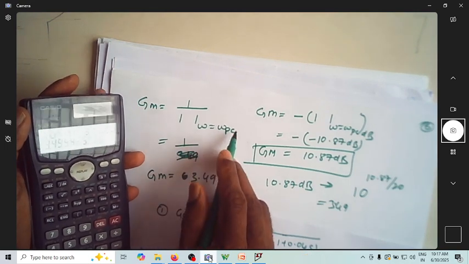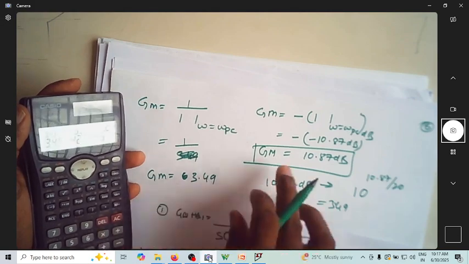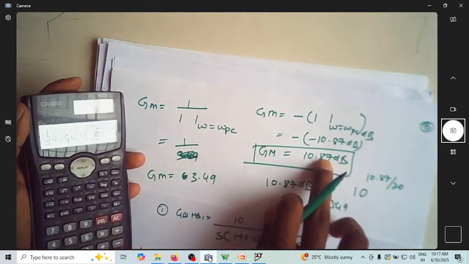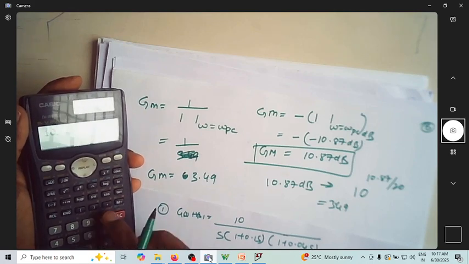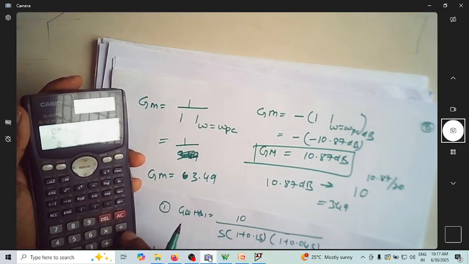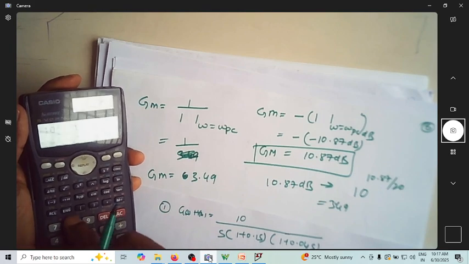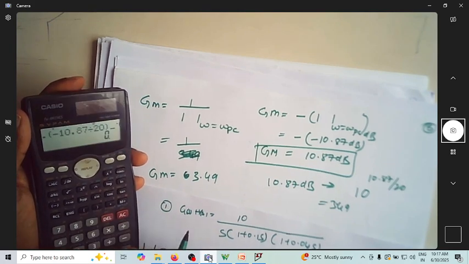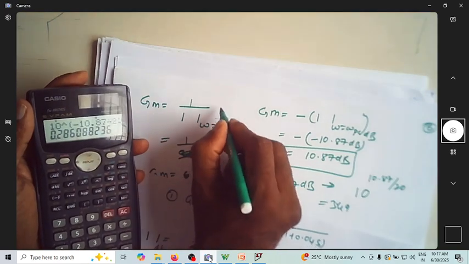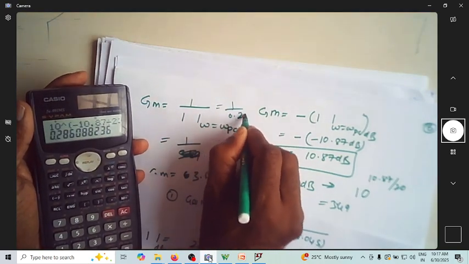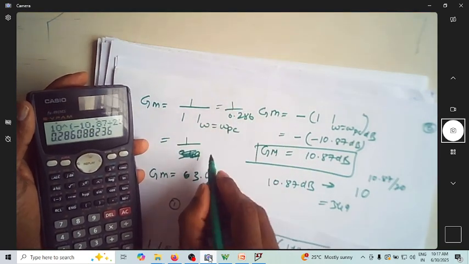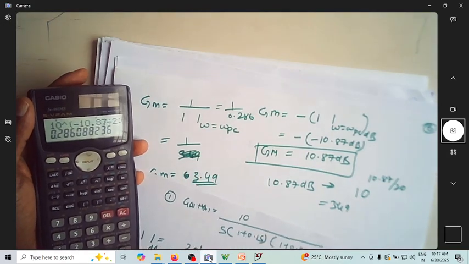It is not this. What is this? 10 to the power of minus 10.87 by 20 would be actually 1 over 0.286. 1 over 0.286 is 3.49.